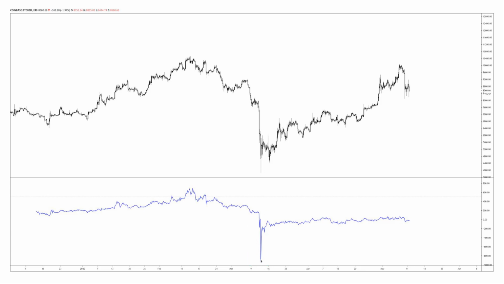We can see we had a snap back in the futures basis, making the backwardation go away and come back more in line, and we're actually starting an uptrend. So that backwardation was a nice signal.